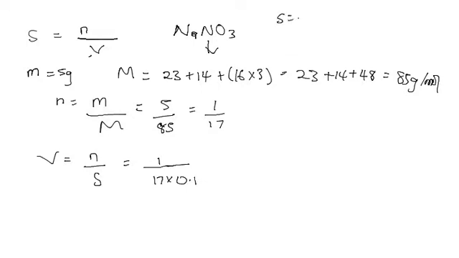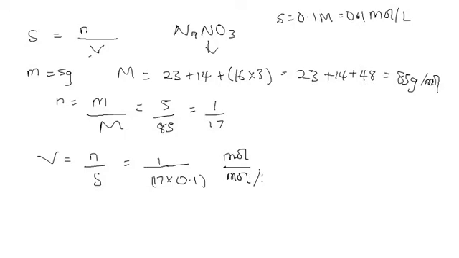So 0.1 M is the same thing as 0.1 mole per liter. So this is implying that our answer here, the volume, since we have the units of the denominator as mole per liter, this mole cancels this mole, giving us 1 over liter, and the inverse of this will just give you your V in liters.